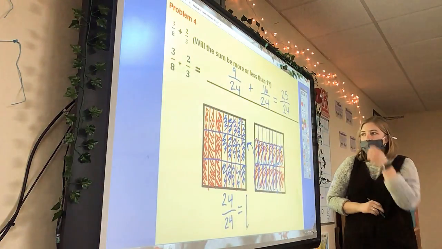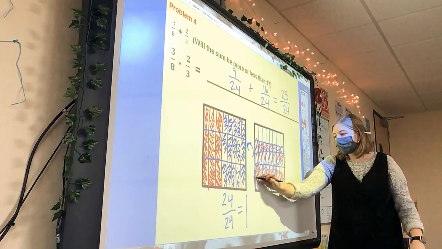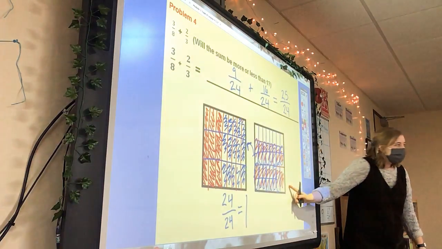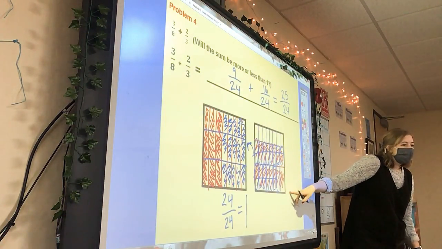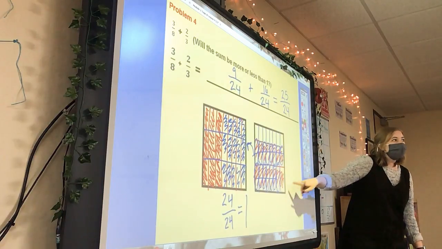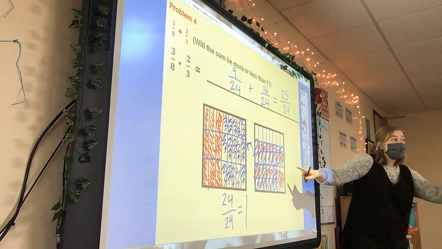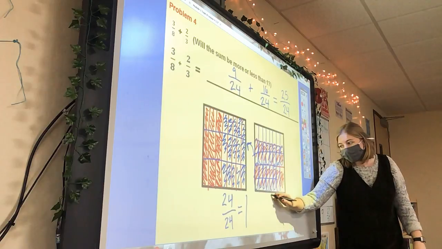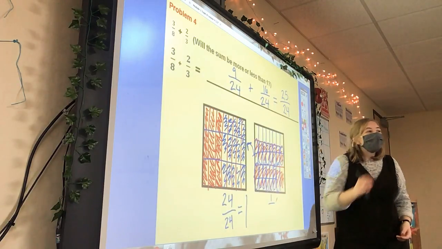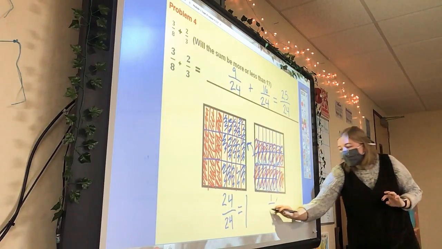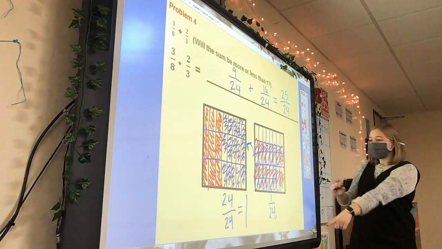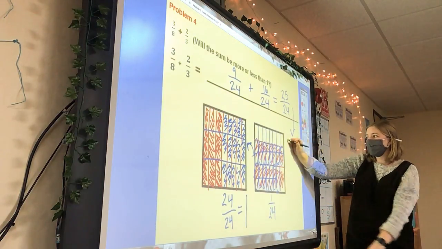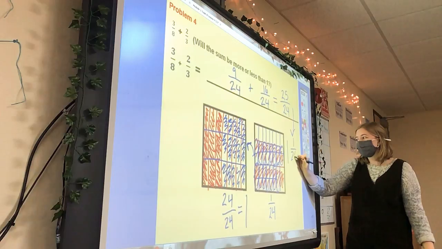Good. So we have 1 whole. These are all done. Class, I want everybody to respond. What fraction is left in this model? Ready? Go. 1/24. So our final answer is 1 and 1/24.